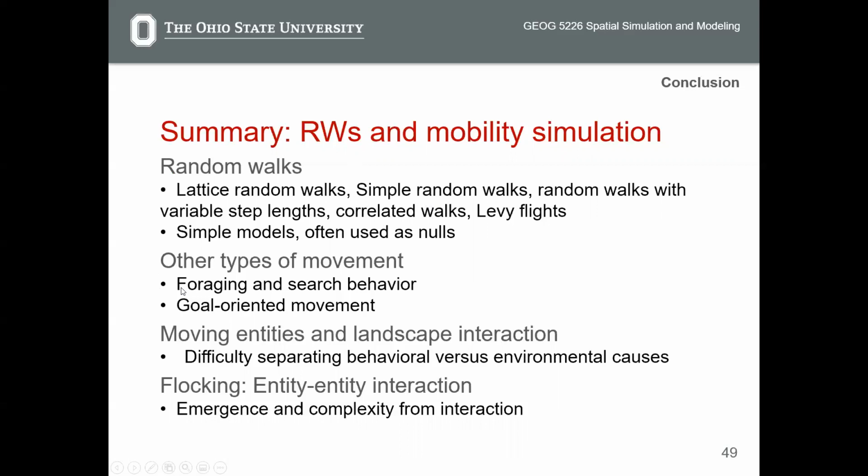Then we discussed more complex walks or movement: foraging and searching behavior. It means that these walkers are not simply walking, they are walking with a purpose. They're trying to find food resources. And then we add even more intense interaction between foragers and the landscape. More specifically, the resources can respawn and regrow.